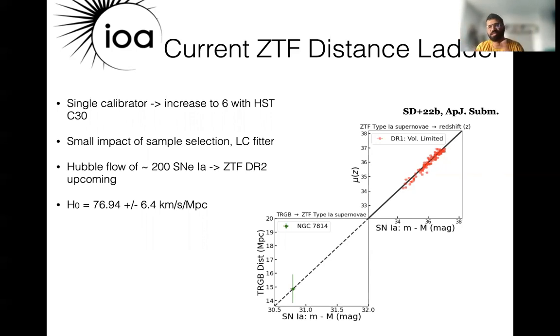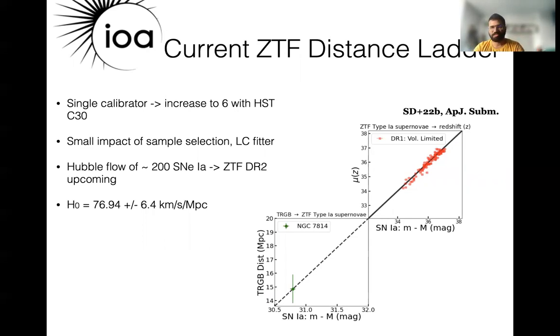Currently, this is just to demonstrate for the DR1 volume limited sample, because we just have a single calibrator, so the Hubble flow will not be dominating the uncertainty. So this uncertainty on H0, which is around 8%, is largely dominated by the fact that we just have a single calibrator.